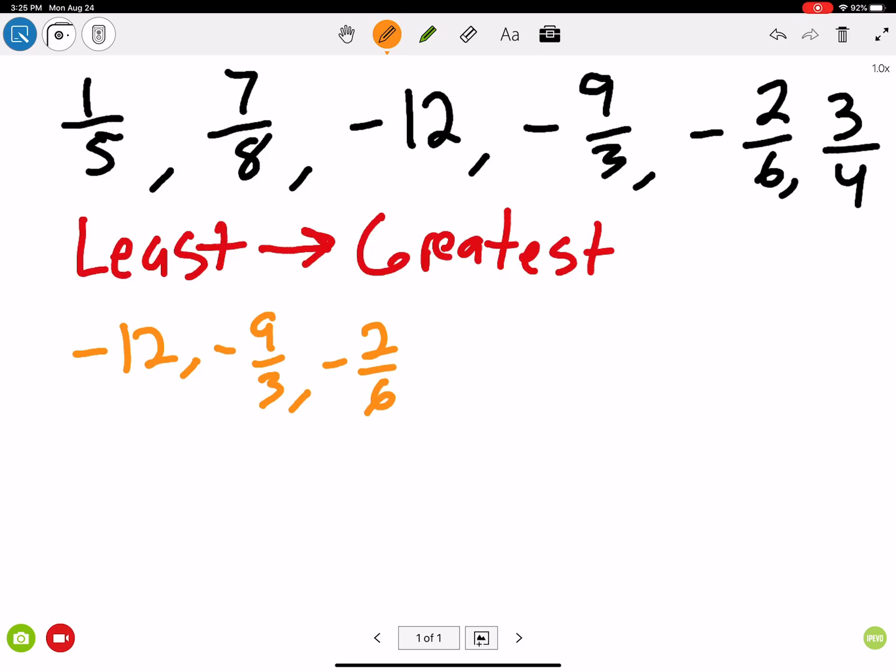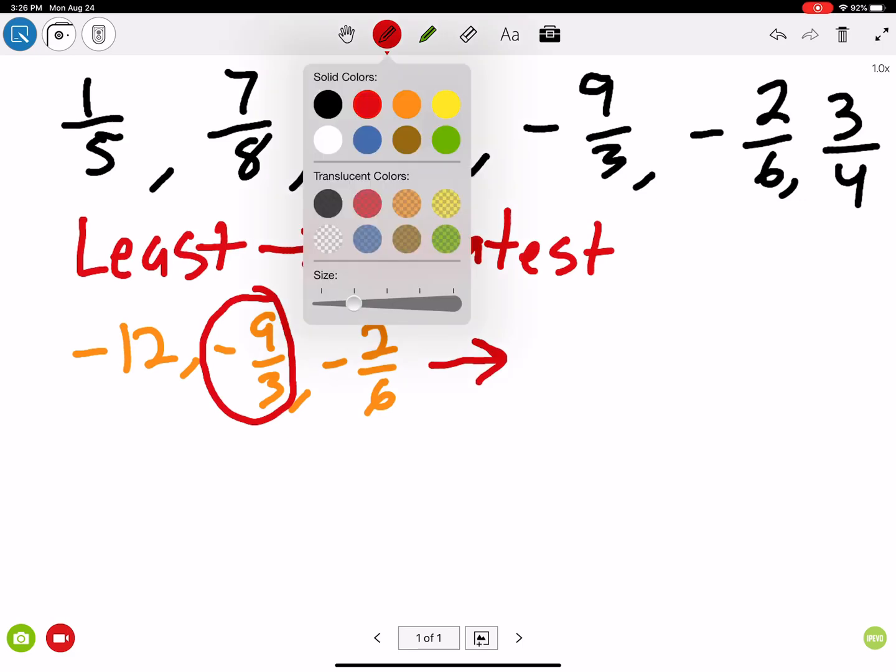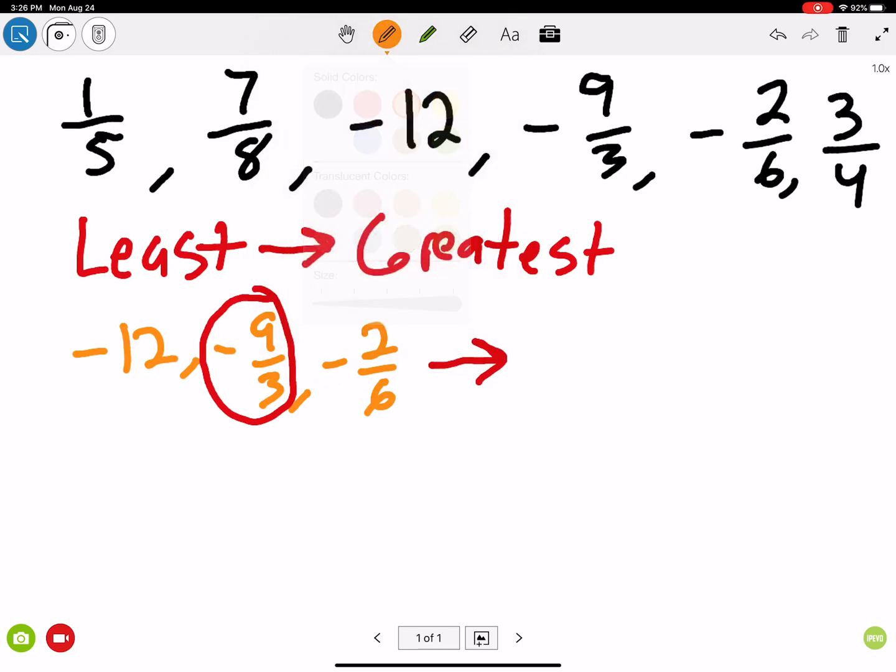So, first thing I want to see is, this fraction can be changed. -9/3 is the same thing as just saying what? -9/3 is the same thing as -3. Okay. So now we still have -3, -12, and -2/6.